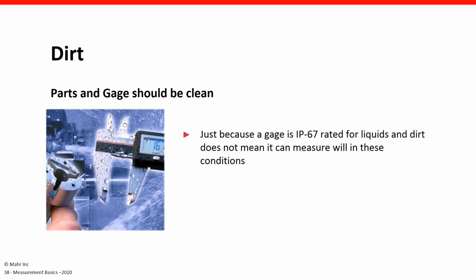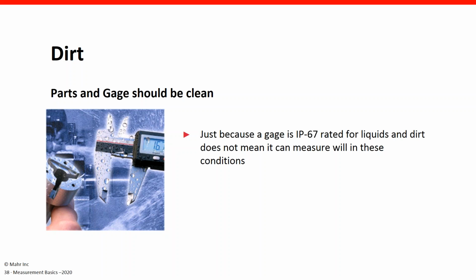Dirt is a big contributor and one that can steal our measurements. And this is a very great advertising picture because we advertise our calipers and lots of our other gauges as being IP67 rated, which means that they're resistant to liquids and dirt.